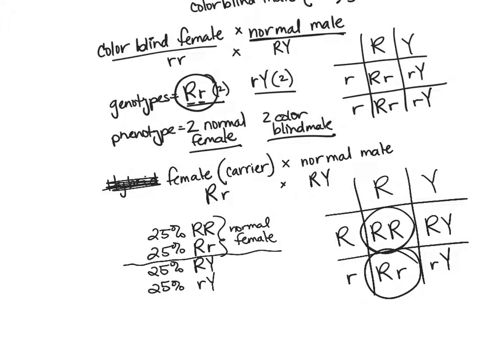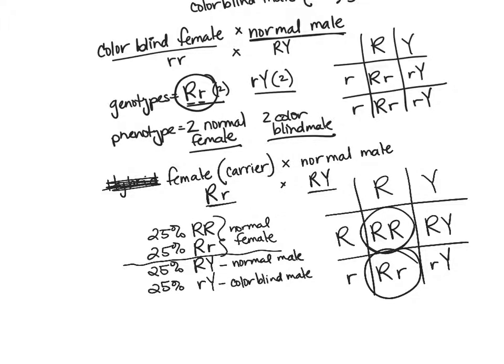So all females born to a carrier female and a normal male will have normal vision. But in this case, we have a 50-50 chance here. We have a normal vision male, and we have a colorblind male.